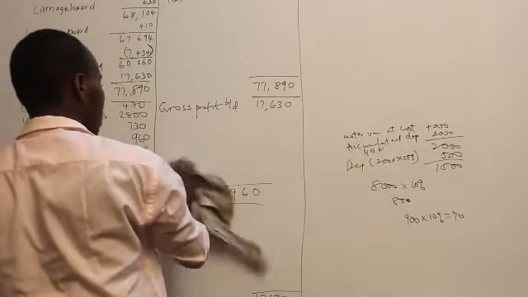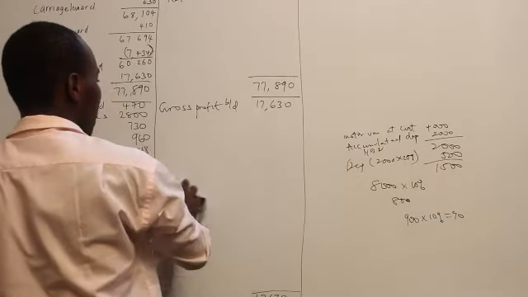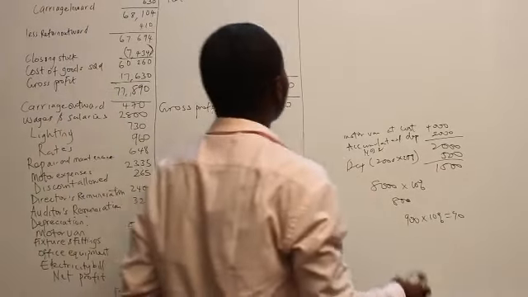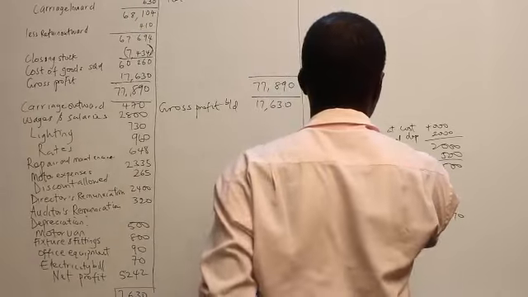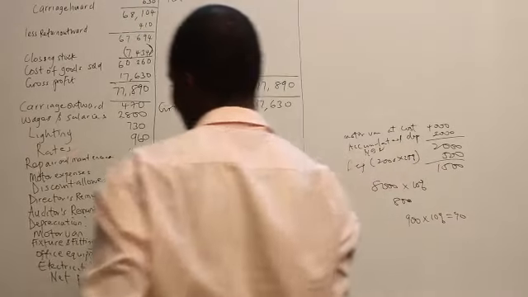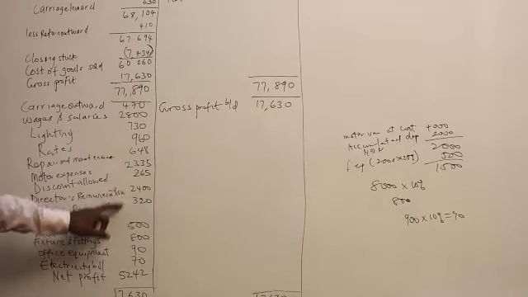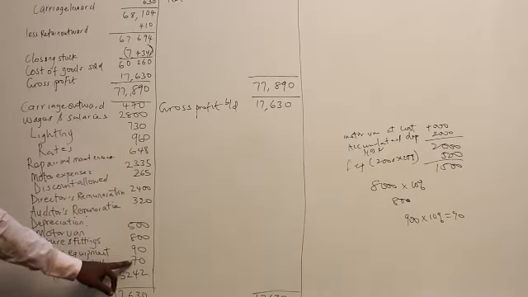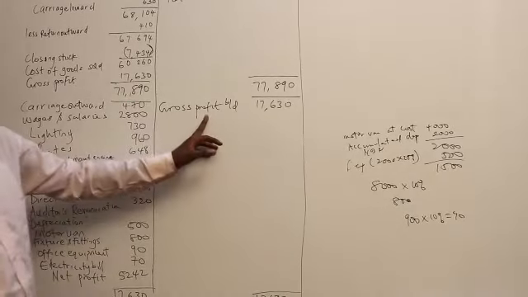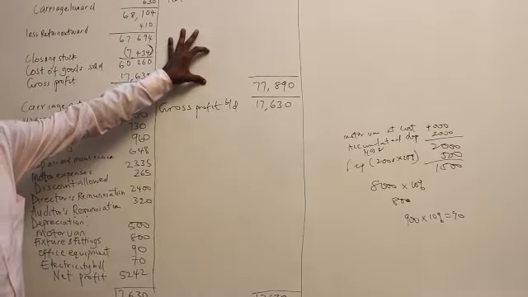The next thing is to prepare the appropriation account. The gross profit made in the trading activity of the business is this.